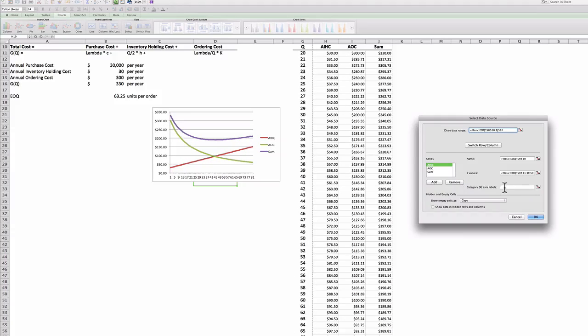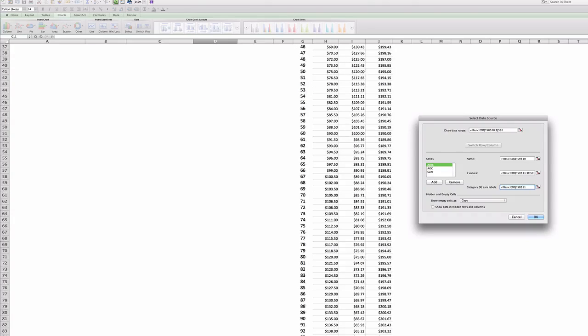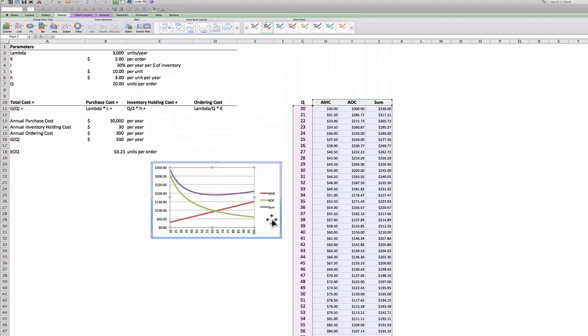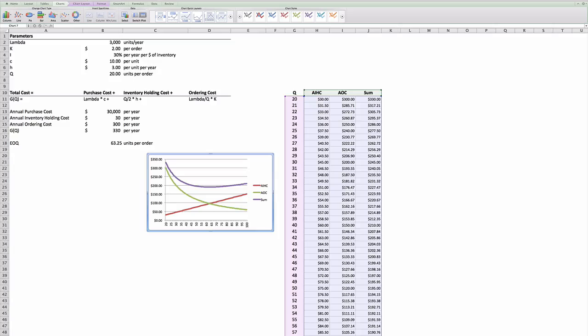And we're going to edit the horizontal axis because we want Q to be our x-axis label. In the x-axis box, we highlight the order quantity column from 20 to 100. Then we hit OK. And now we see the graph show us Q increasing from 20 to 100.